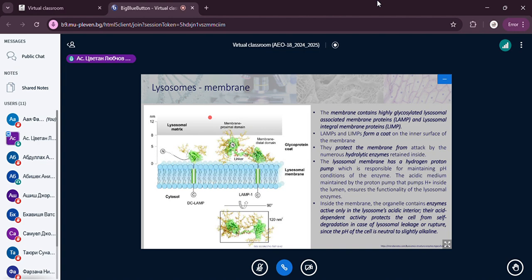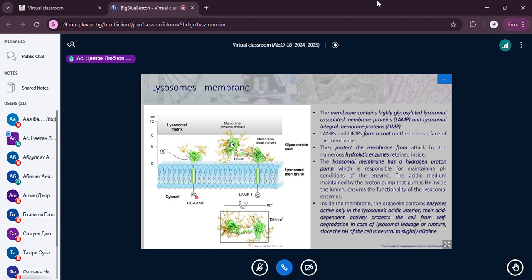Furthermore, on the membrane we have a lot of proton pumps. Proton pumps, guys, put in protons which lower the pH. So the pH of this lysosomal matrix goes to something between 2 and 5, while the cytoplasm is around 7.4.